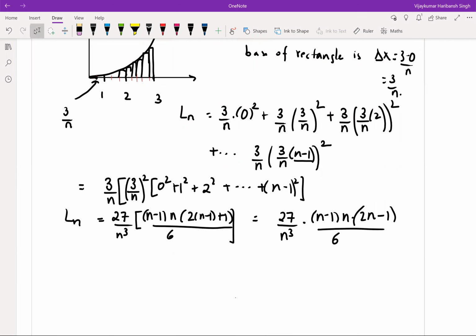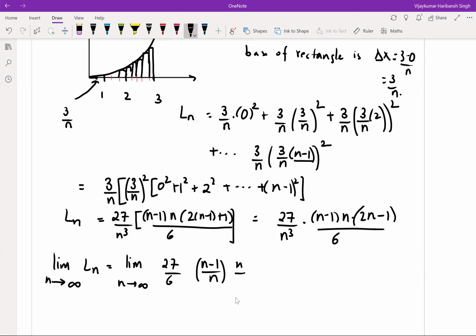In this case, if you take the limit as n goes to infinity, you will get, as you saw, the more rectangles you take, the better the approximation to the area. The area is going to be the limit as n goes to infinity of 27/6 times (n minus 1)/n times (2n minus 1)/n. Now this can cancel out.